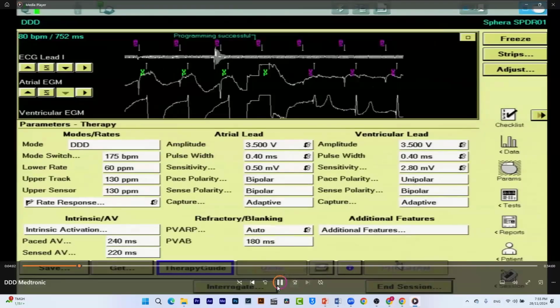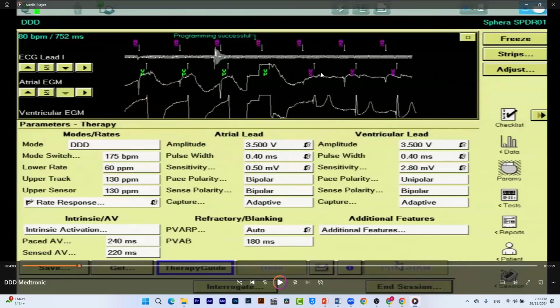So what I did now, I increased the base AV delay and sensed AV delay. I programmed the base AV delay increased from 140 to 240, and sensed AV delay from 120 to 220. What we saw is that atrial pace, ventricular pace changed to atrial sense, ventricular sense.